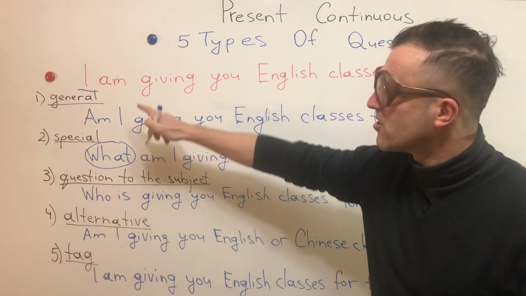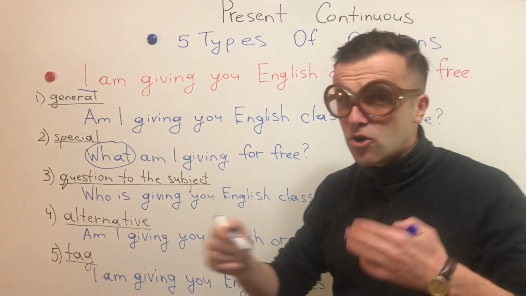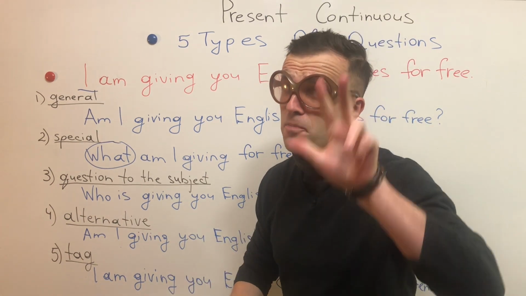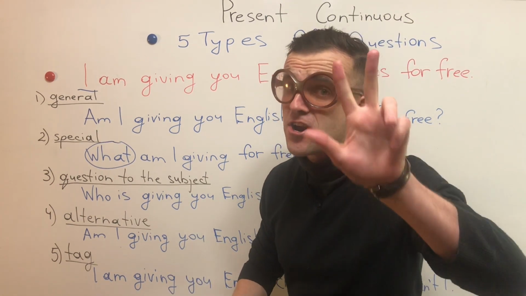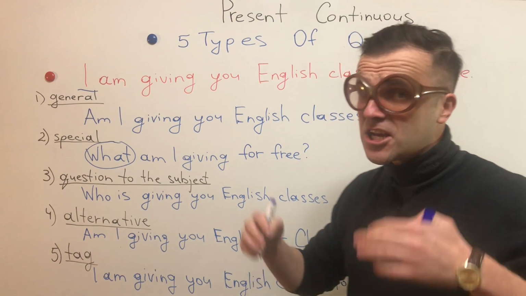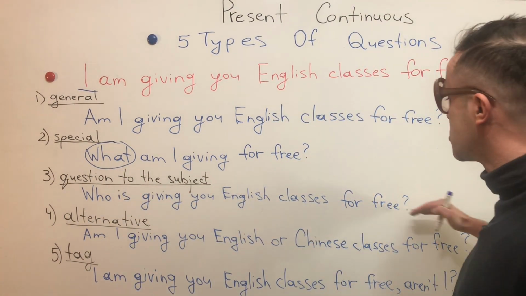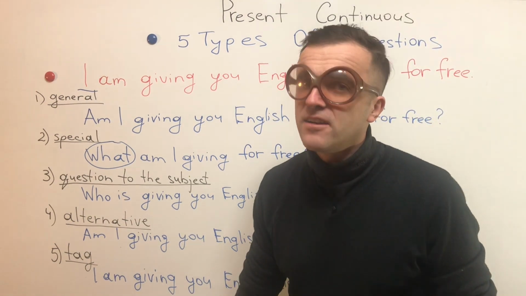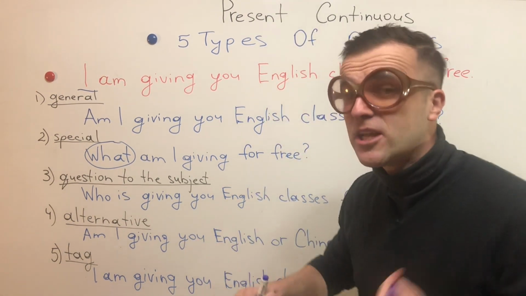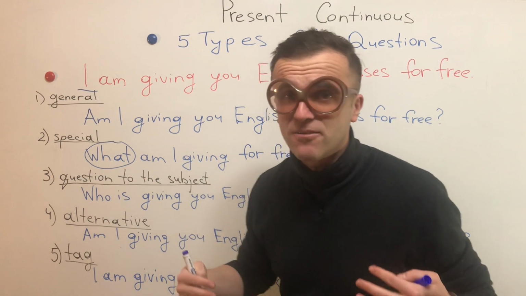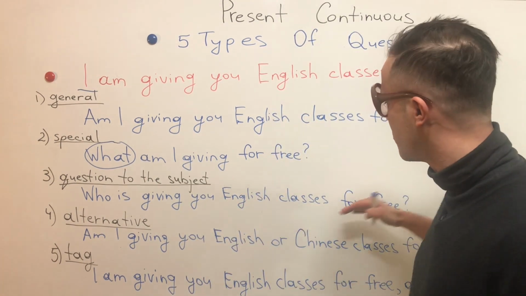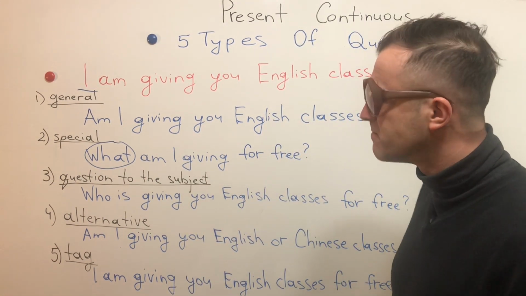Who is already not am, but is, because who is always third person singular, guys. So, who is giving you English classes for free? It's probably me, yeah? But we don't have this information, alright? So who is giving you English classes for free?